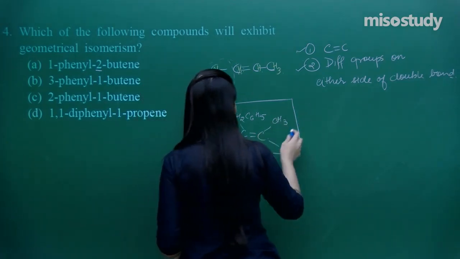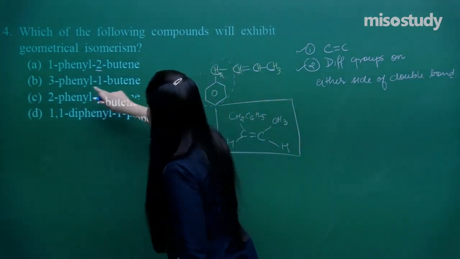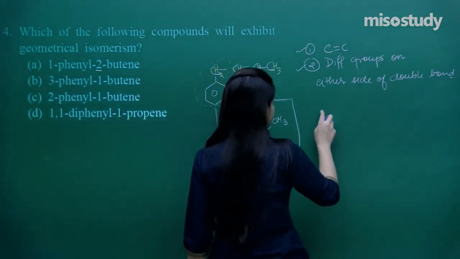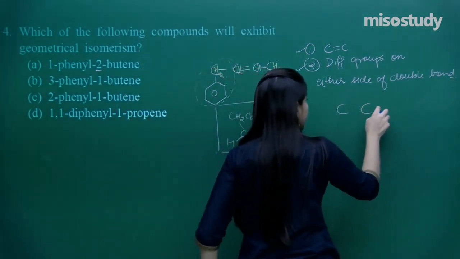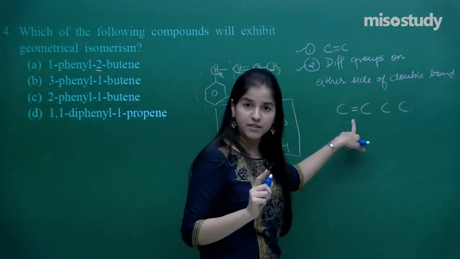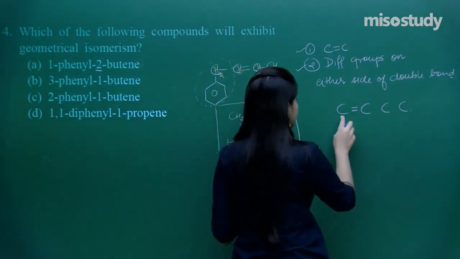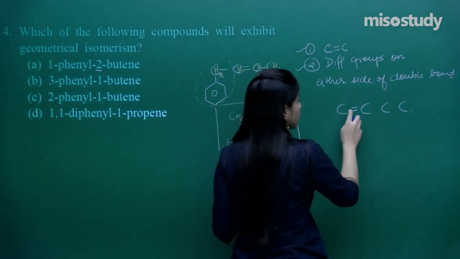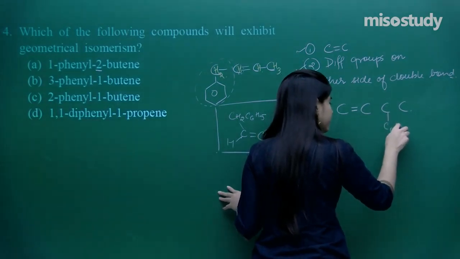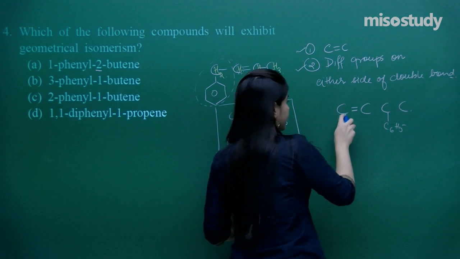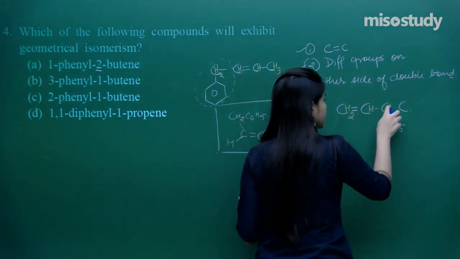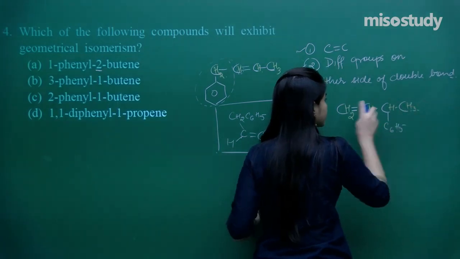Now moving on to the second one. I have got 3-phenyl 1-butene. Again I am drawing the butene here, with the double bond at the one position. So 1-butene and 3-phenyl, that means 1, 2, 3. I have got C6H5 here. If I complete the bonds and the hydrogens, H, CH and CH3.